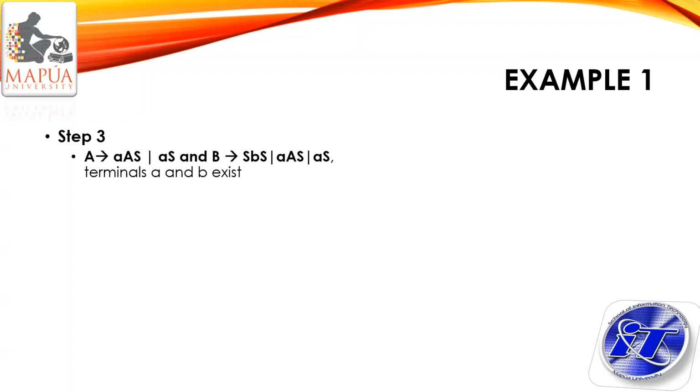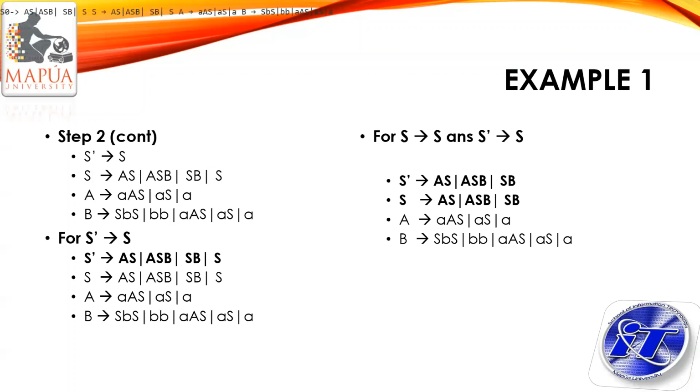So we have, yes, we have. So based on the previous slide, we have non-terminal, terminal and non-terminal on the third rule and also in the fourth rule. So therefore, we need to remove this.